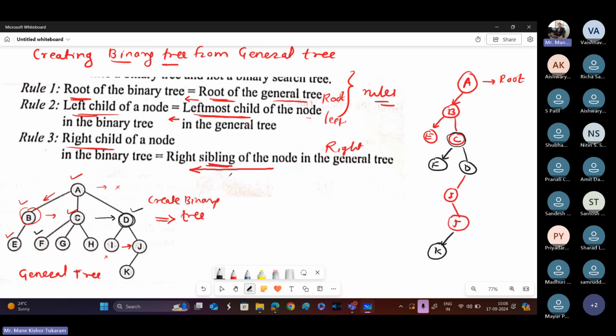Okay. So in this chart, from A, I will draw the particular sequence of the processing.